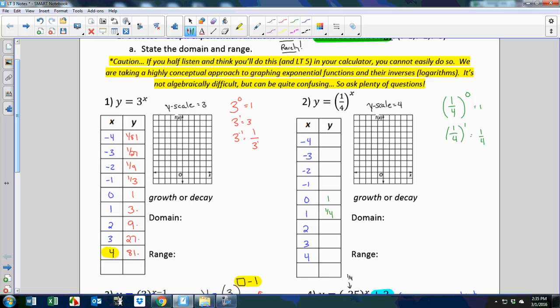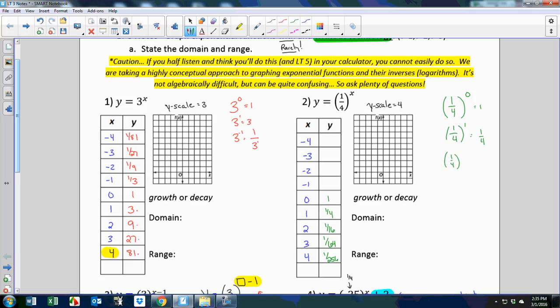When you square 1/4, you'll square the 1, square the 4, so you'll get 1 over 16. Cube 1/4, so 1 over 4 times 4 times 4, so 1 over 64. And then 4 to the 4th, you may not know this one mental math, but it's 256, so 1 over 256.